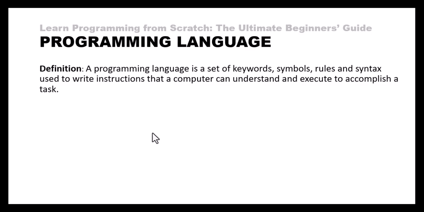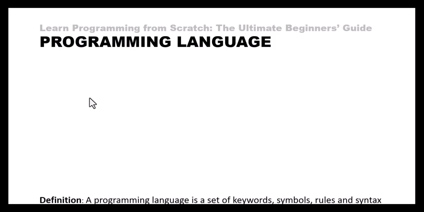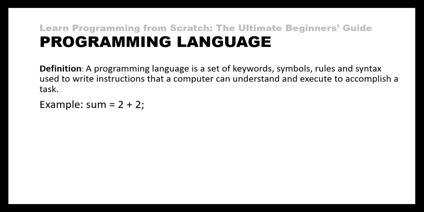It's basically a combination of keywords, symbols, and rules on how to arrange these keywords and symbols for those instructions to make sense to a computer. An example of how these symbols and numbers might work together: let's say you want to add two numbers in a computer program. You say the first number is 2 and the second number is 2.